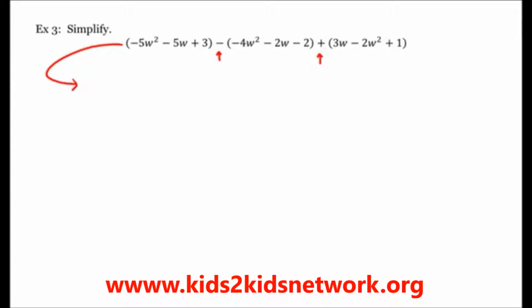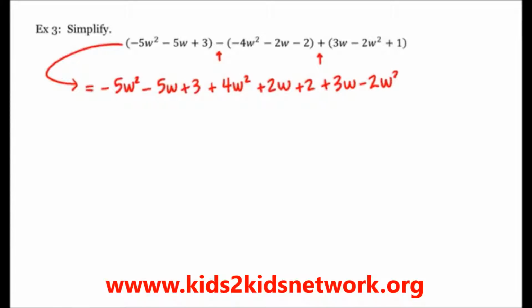That is, this is equal to negative 5w squared minus 5w plus 3, and then minus a negative 4w squared or plus 4w squared, and then minus a negative 2w or plus 2w, and then minus a negative 2 or plus 2, and then plus 3w minus 2w squared plus 1.